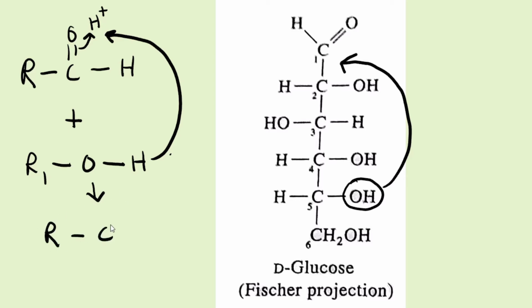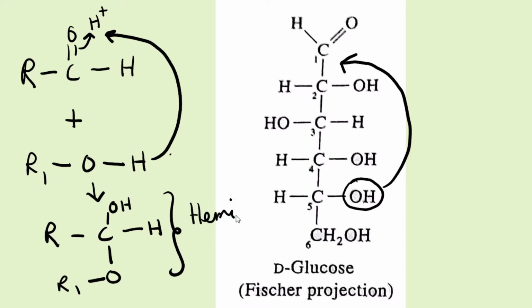So you have R-C single bond to a hydroxyl group now, and then OR1. So this is a hemiacetal compound, and this particular carbon now has become anomeric because it has become highly oxidized due to it being attached to two oxygen atoms, one oxygen atom here and the other oxygen atom here.